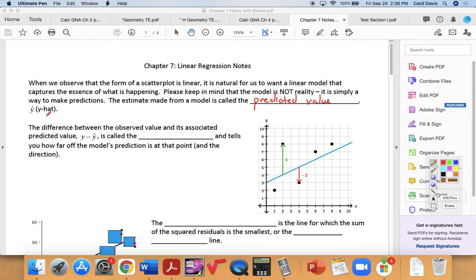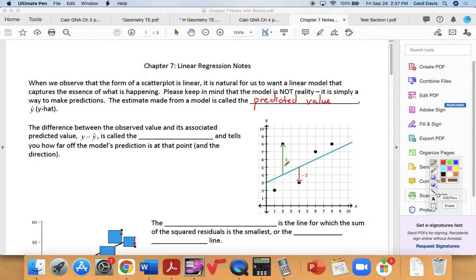So a lot of times we're going to do equations for stuff, and we are not going to be boring and use x and y all the time. We'll frequently, instead of just even using a letter, write out what it is and put that under the hat. Okay, and I'll show you an example of that a little bit later. So this line represents a linear model for these data points.